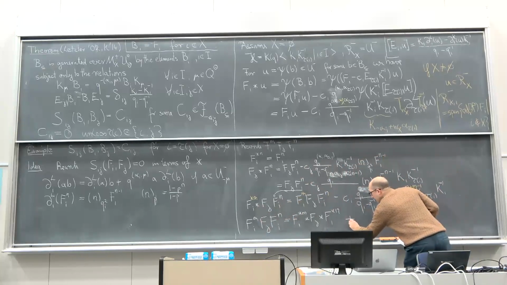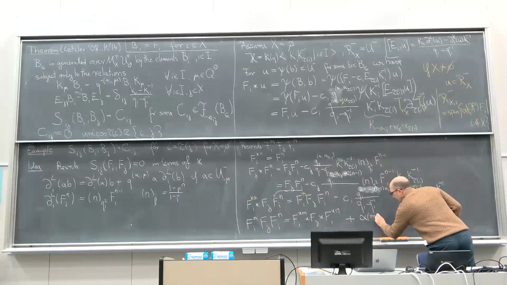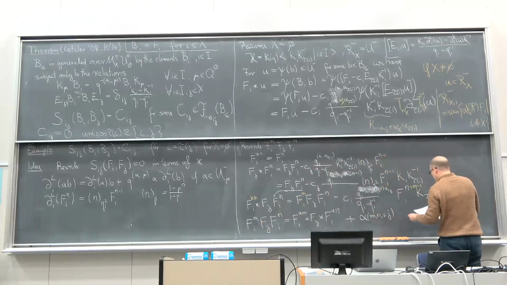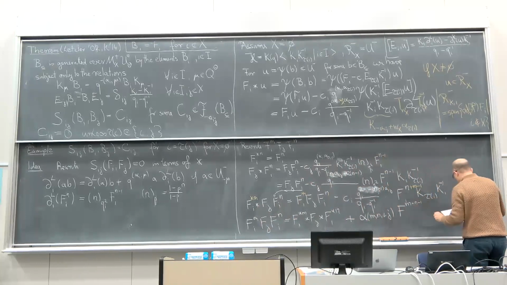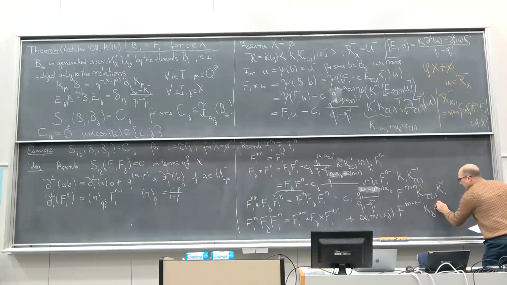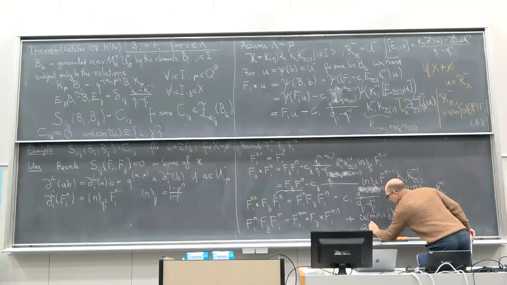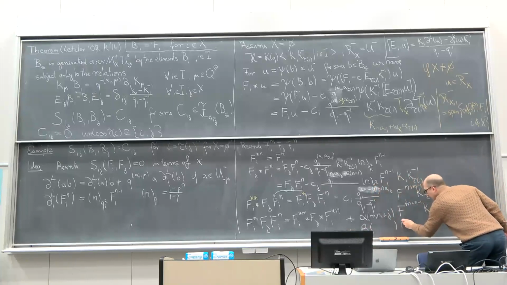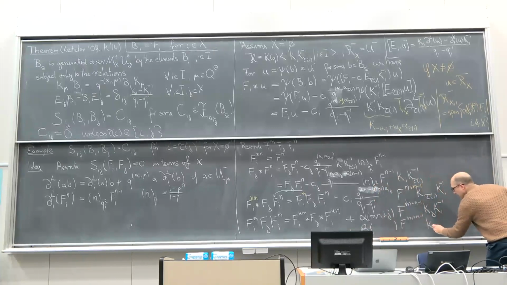So I get something that depends, some alpha which depends on m n ij times f to the m plus n minus 1 times kj ki to the minus 1. And I get a plus beta with a similar argument, f to the m plus n minus 1, ki kj to the minus 1.